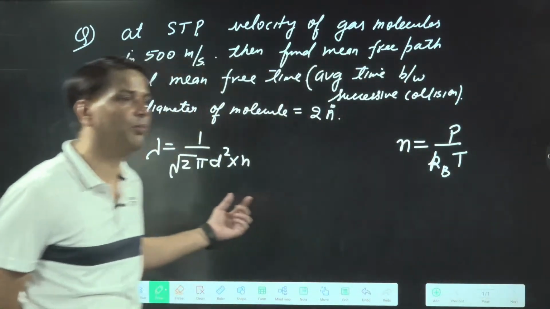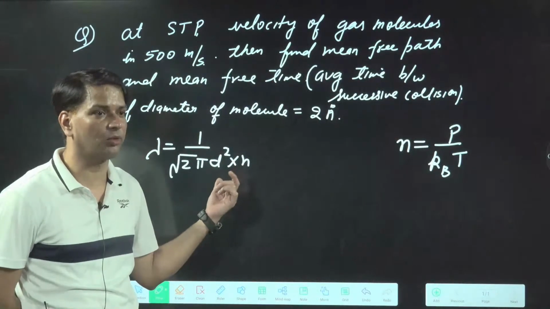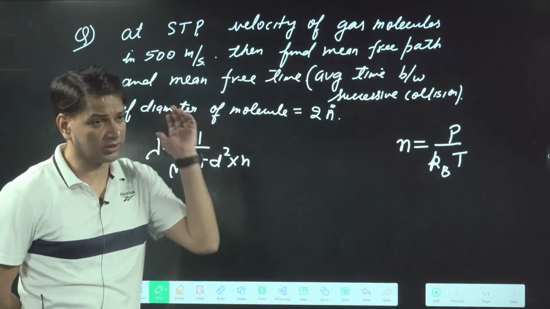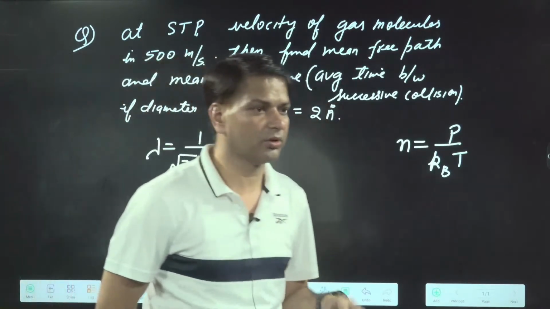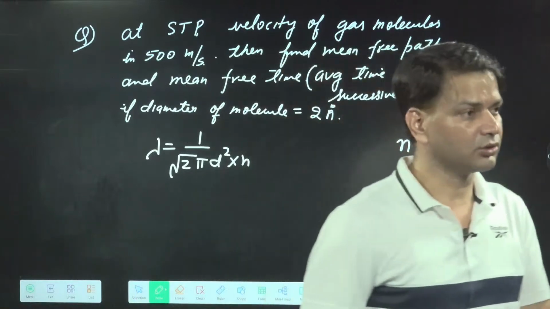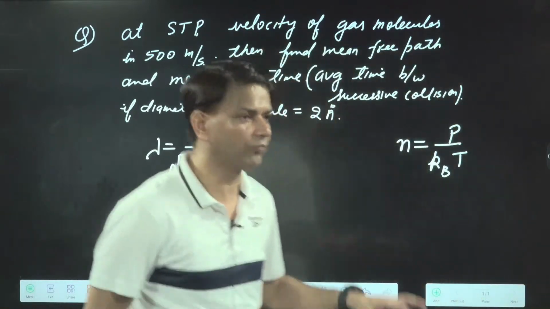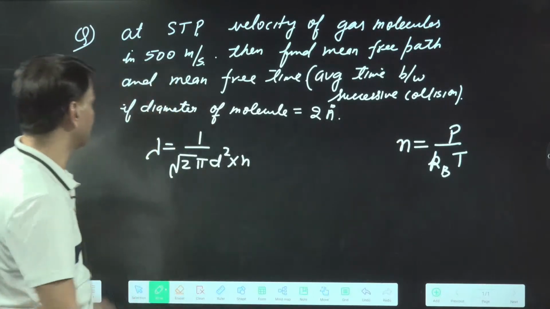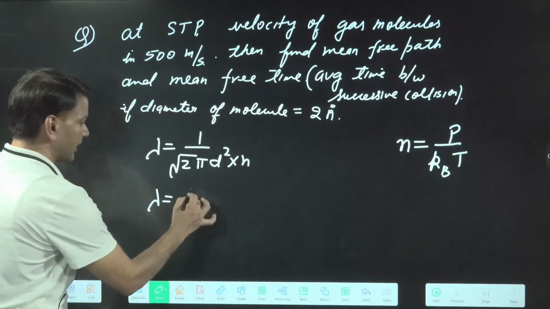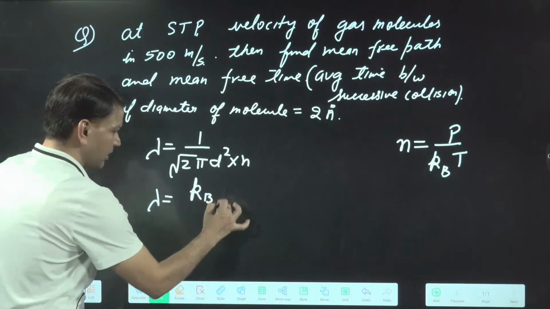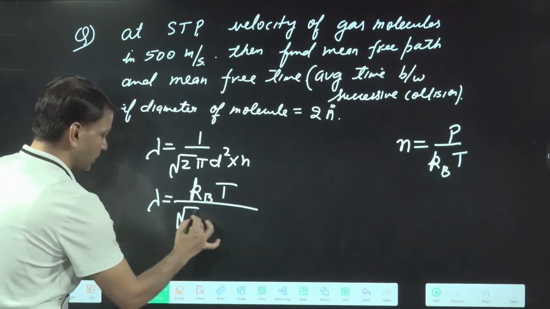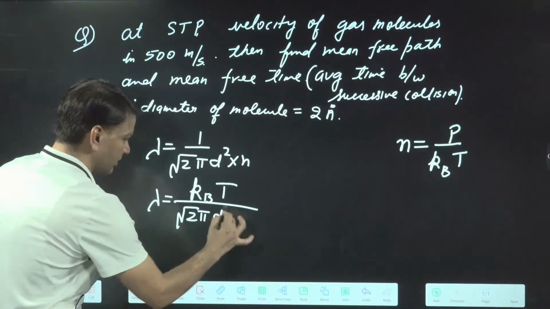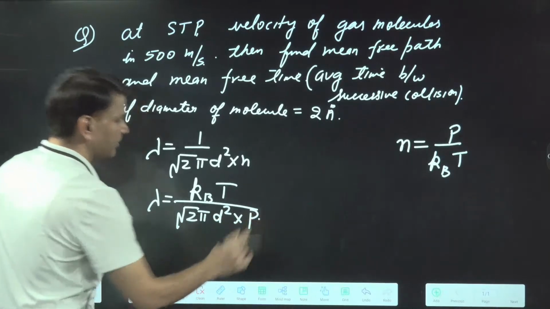Small n here, number of molecules per unit volume. If I have given this directly we can put, but I have not given the small n. So in terms of pressure and temperature, how can we find? P by Kb into T. If I put here, then lambda, what will you get? Kb into T upon under root 2 pi d square into P.